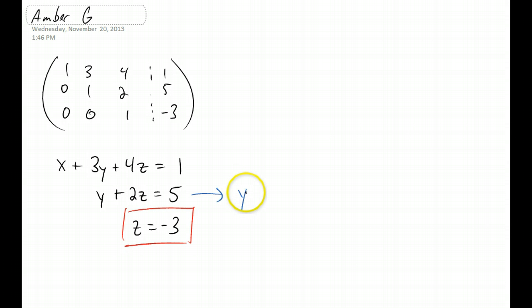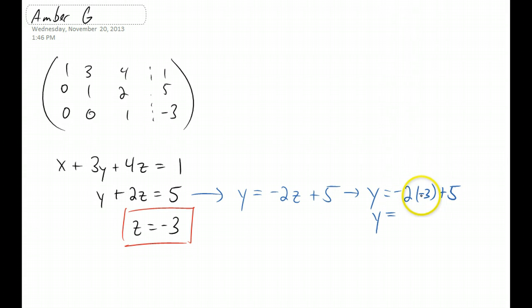You subtract 2z from both sides, you get y equals -2z plus 5. You know that z equals -3, so all you have to do is plug it in. All you have to do is replace z with -3, and that's going to give you y equals +6 plus 5, that's y equals 11.